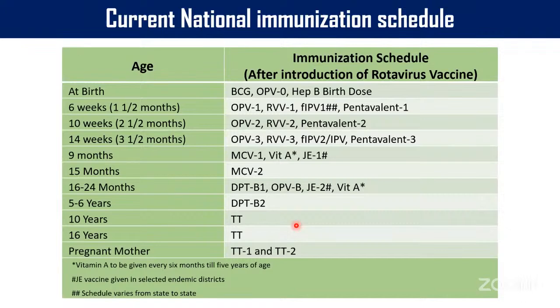Otherwise, there can be a vaccine associated adverse event, which will be very difficult to manage, and you can also end up in some legal issues. So you have to be very careful when giving live vaccines in a child with HIV where the immune suppression is very severe.